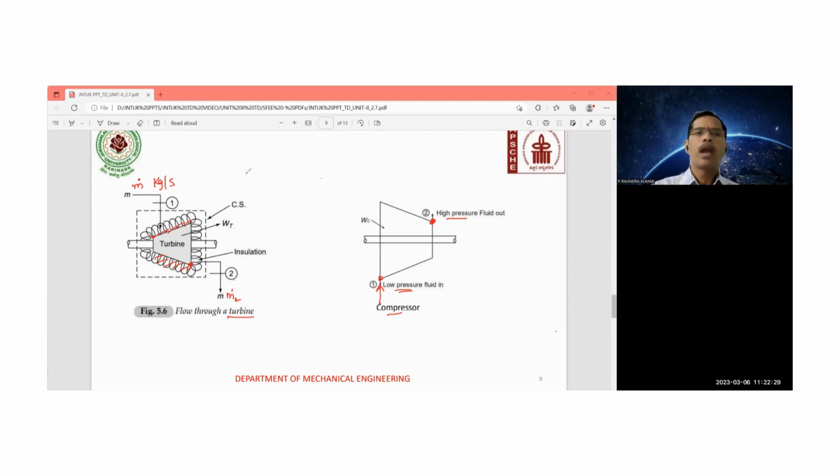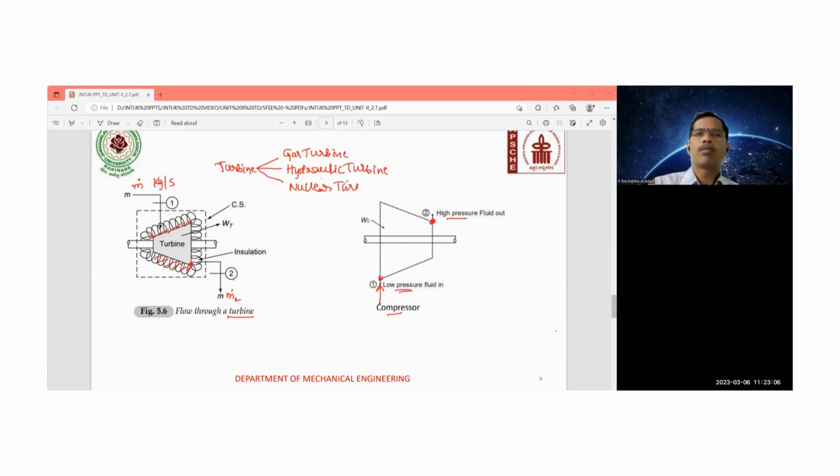When I talk about the turbine, there are different things. The turbine may be a gas turbine, a hydraulic turbine, or a nuclear turbine, that is in nuclear power plants.